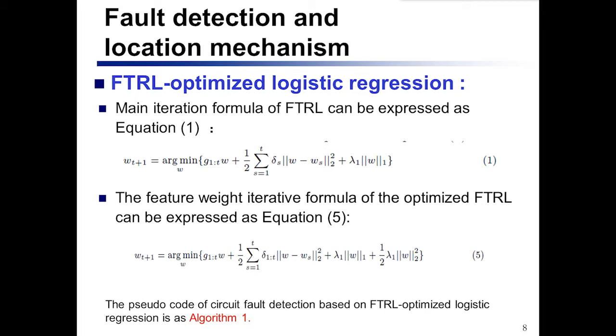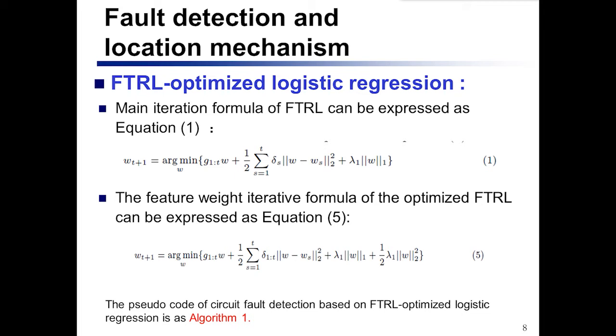At the same time, after adding non-smooth regular items, FTRL can get a better sparsity value. So we utilize FTRL to optimize the parameters of the fault circuit logistic regression module.